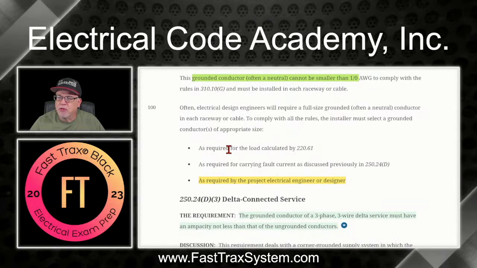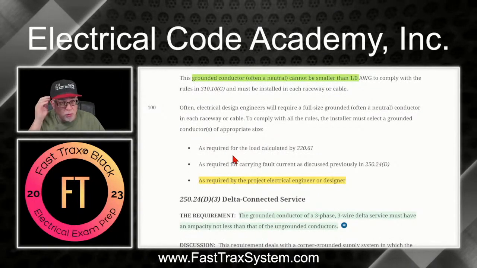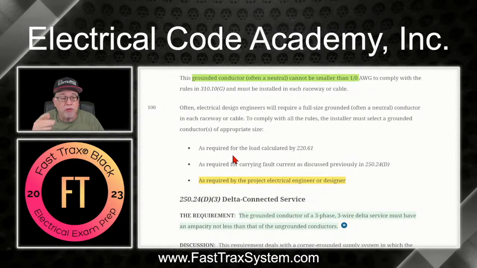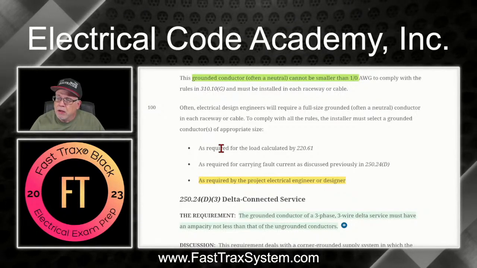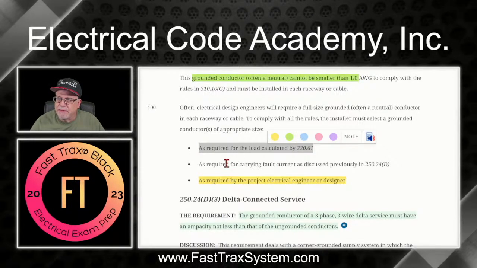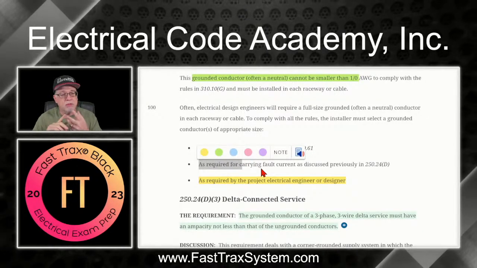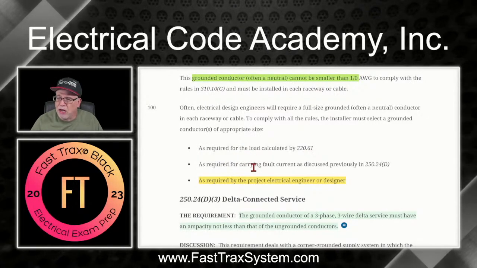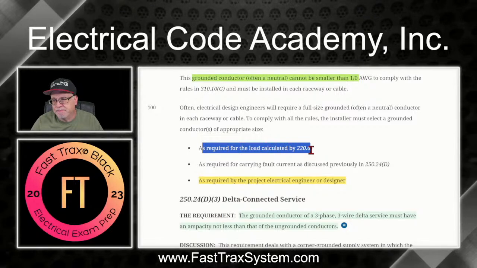Now, I want to remind you real quick, before we look at a delta connected service where you have a corner grounded delta, which is a grounded conductor, not a neutral, this is your logic chain that you have to go through when sizing these grounded conductors. Number one, do a load calc.